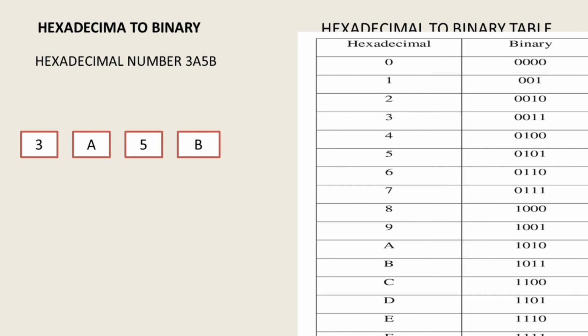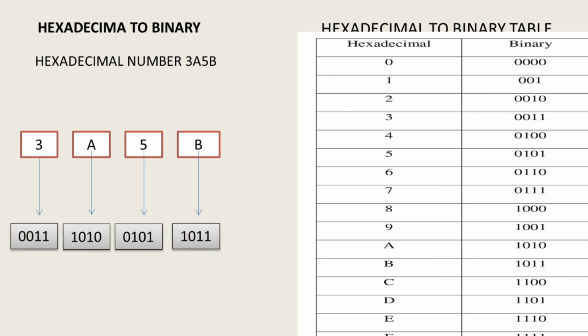I have separated the digits 3, A, 5, B, and then we convert them to their binary equivalents. So 3 becomes 0011, A becomes 1010, 5 becomes 0101, and B becomes 1011.